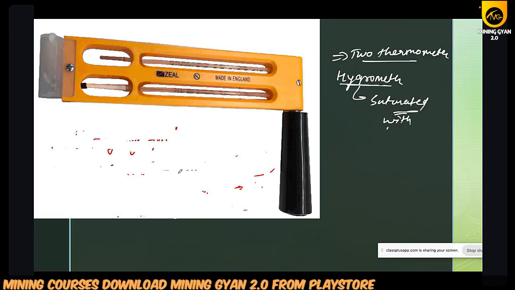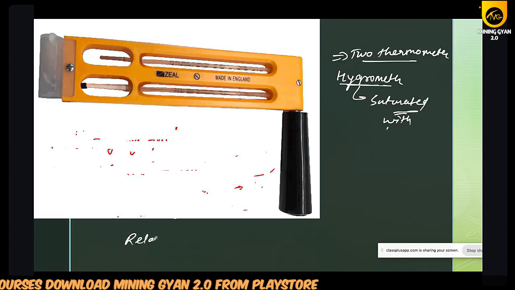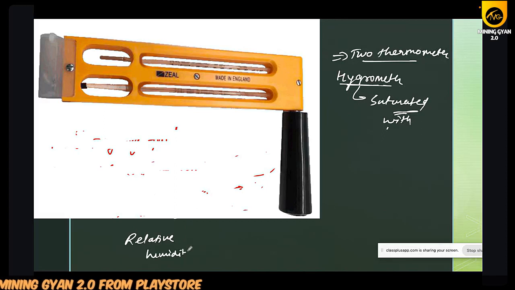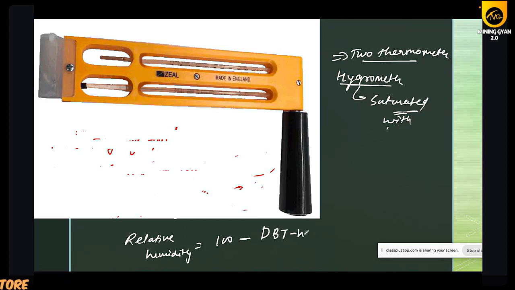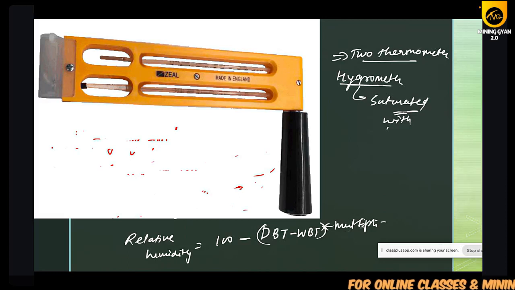And you should remember the relative humidity formula. Relative humidity is 100 minus (DBT minus WBT) into the multiplying factor.